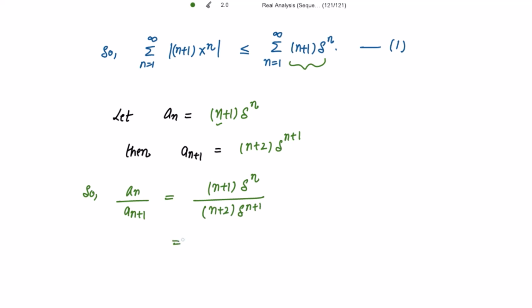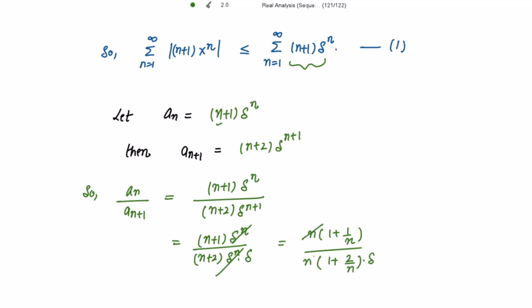That is equal to n plus 1 into delta to the power n divided by n plus 2 into delta to the power n into delta. So this cancels out. Now before applying the limit n tends to infinity, first let's take n common from the numerator and denominator. So that is equal to n into 1 plus 1 by n divided by n into 1 plus 2 by n into delta. So this n cancels out.